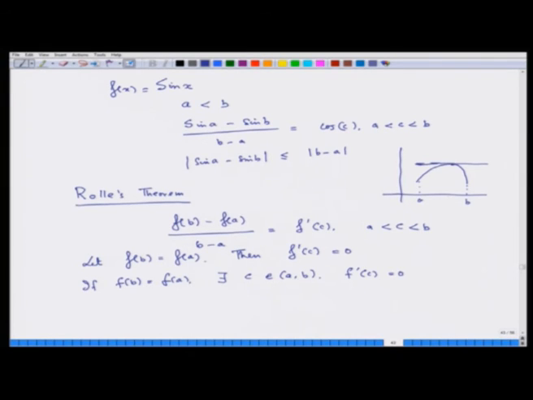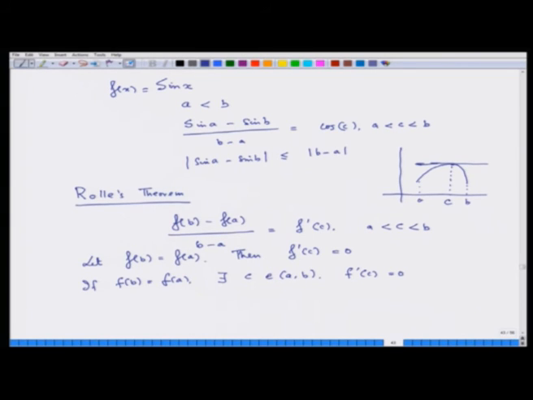The tangent parallel to the x axis means that it has a 0 angle with the x axis, and hence the slope value is 0, because the slope of the tangent is actually tan of the angle at which it intersects the x axis, which is a very well known fact. So here is your c.